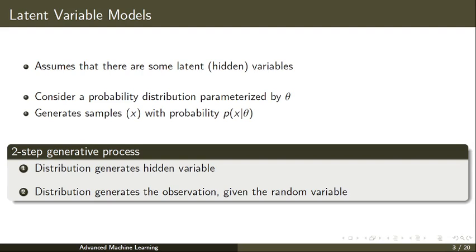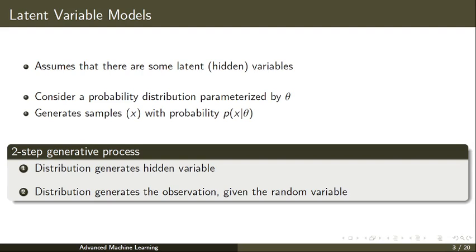Let's go back and look at a probability distribution. Before actually looking at a hidden variable, we will look at a visible probability distribution which is parameterized by theta.